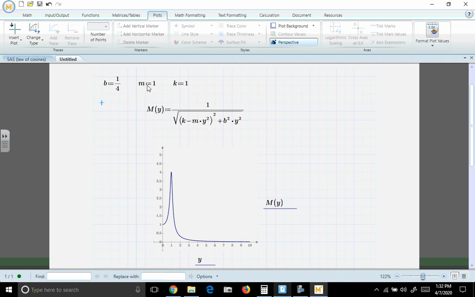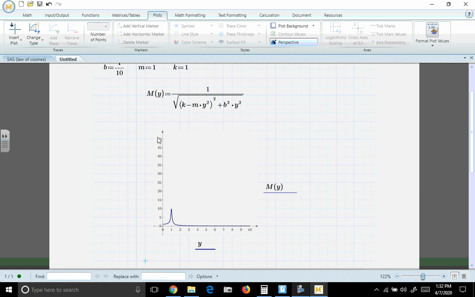So if our mass is 1 and k is 1, but our dampening is only 1/4, then we have the potential for a certain frequency to have a really strong amplitude. If b is smaller, then there's very, very little dampening, so our gain is even bigger. We have a gain almost of 10 there.